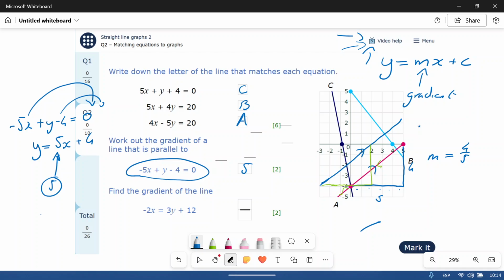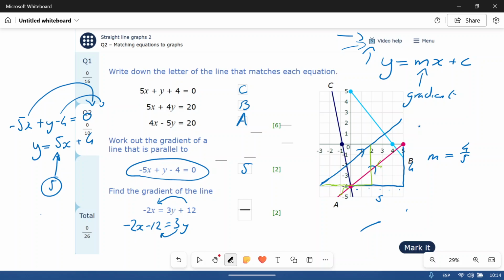Okay, same with the next one. We just need to rearrange it. We want to have the y alone. So I'm just going to move the 12 to this side. So we got minus 2x minus 12 equals 3y. Then I'm going to divide by 3.